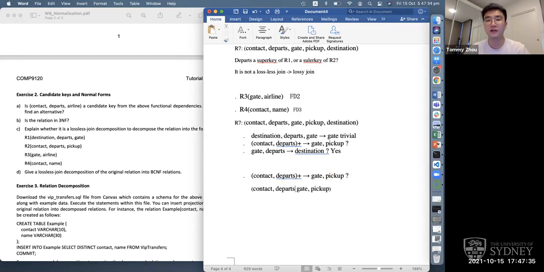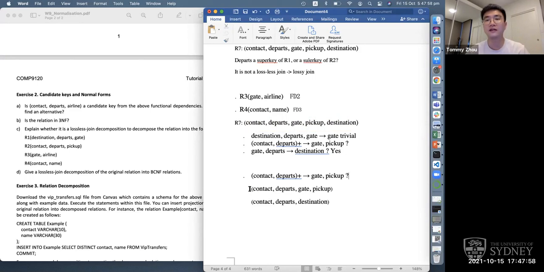So this is the first smaller table if you are using this FD. What are the attributes that are left? So you want to delete gate and pickup from this combination. So you will have 3 left. That will be these 3.